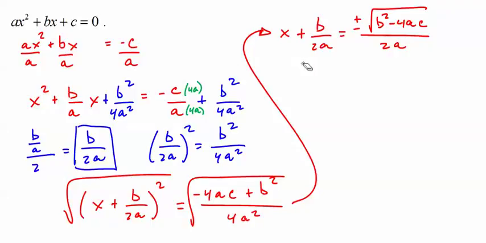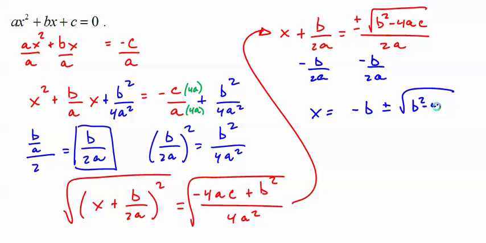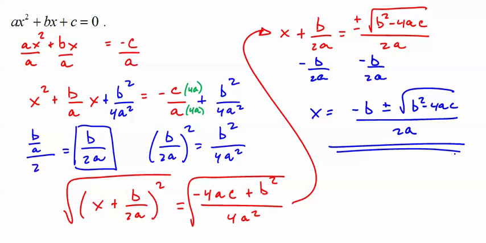Now we're going to subtract b over 2a from both sides. It's already set up with a common denominator. So that's the quadratic formula.